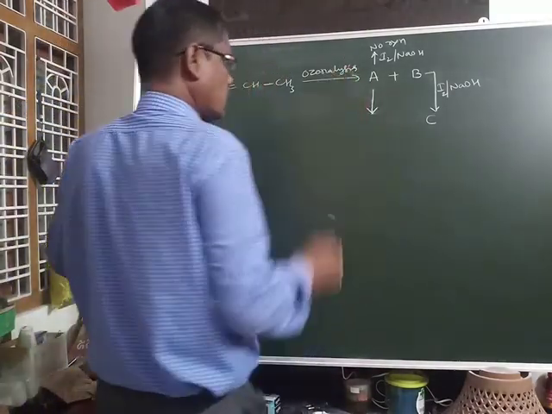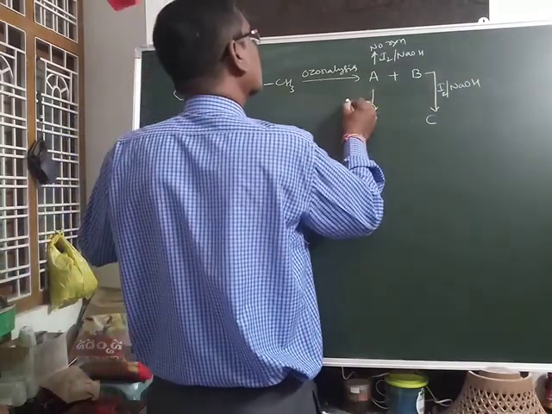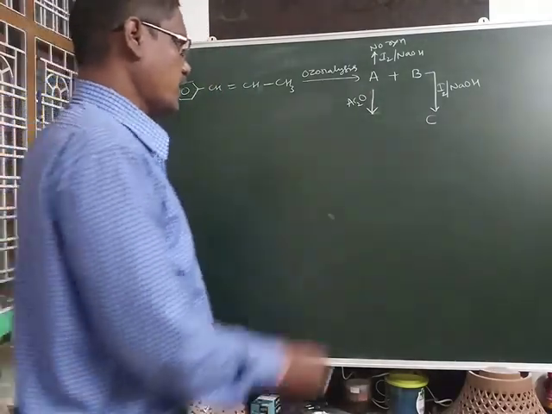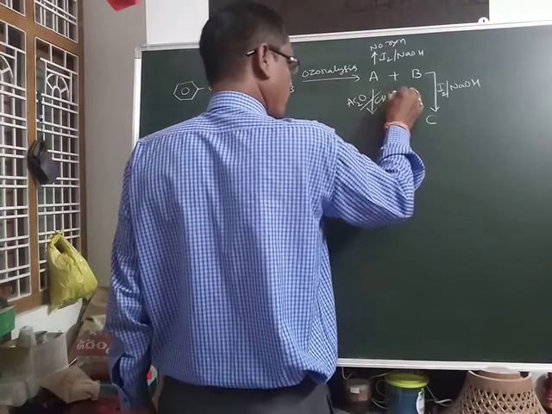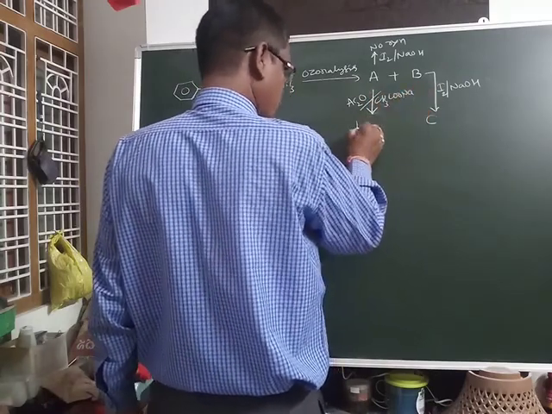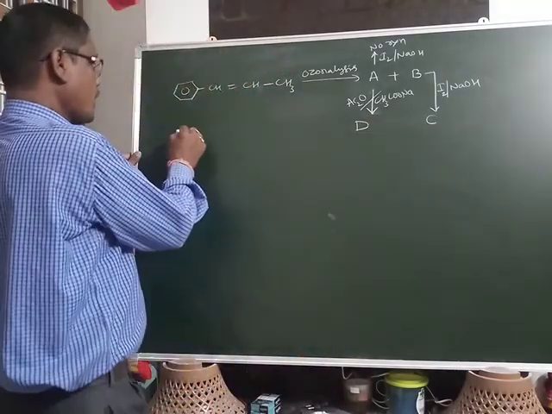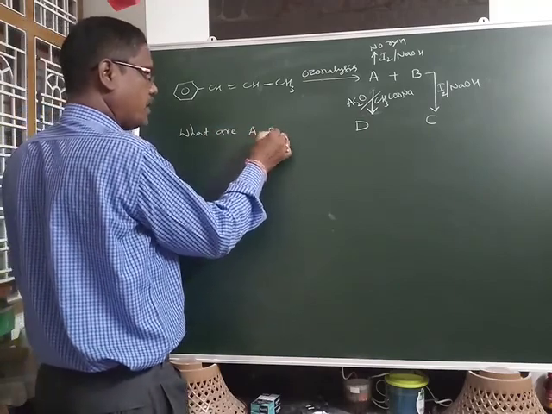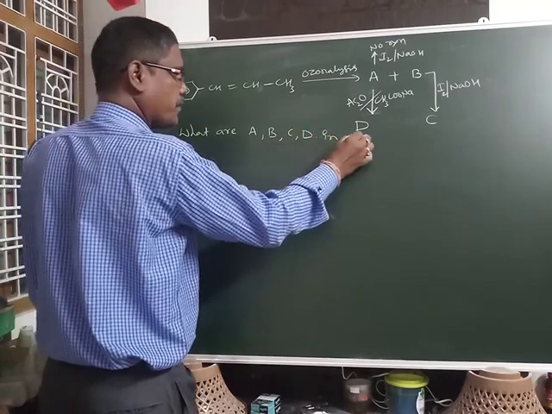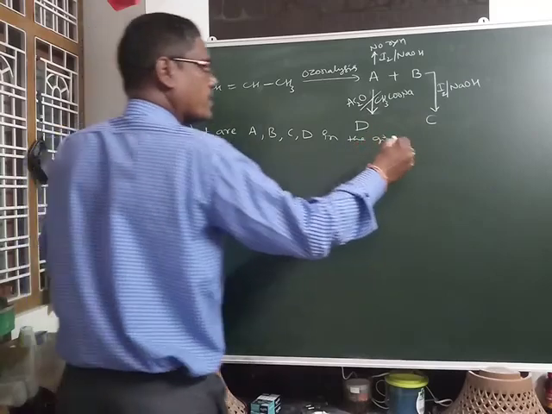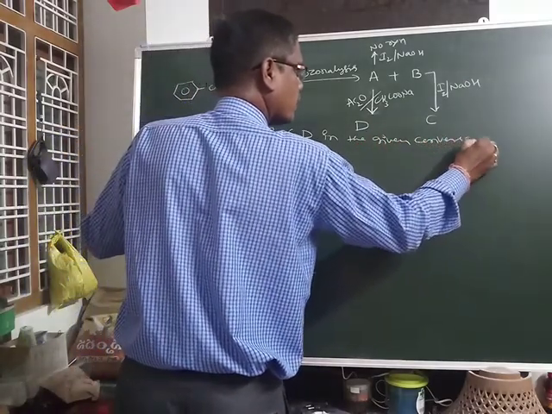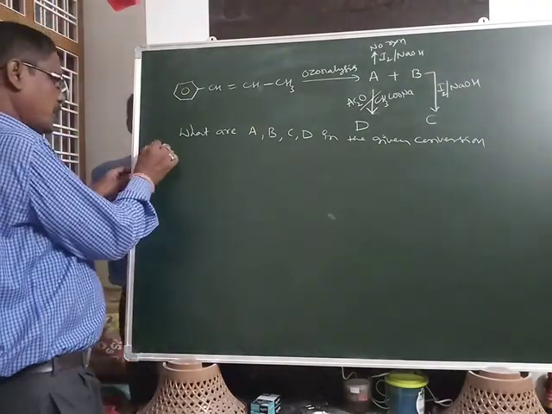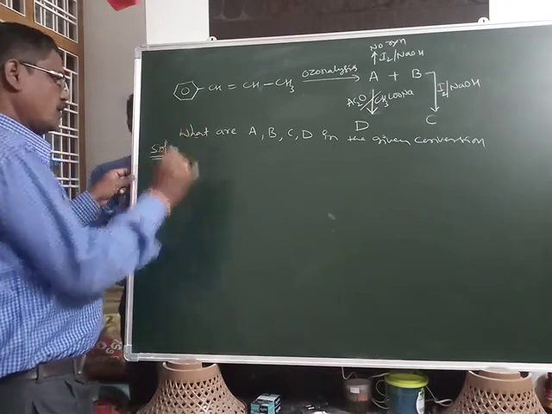And this one, B, with acetic anhydride, the short formula of acetic anhydride is Ac2O, in the presence of this will give D. What are A, B, C, D in the given conversion? Find A, B, C and D. Solution.